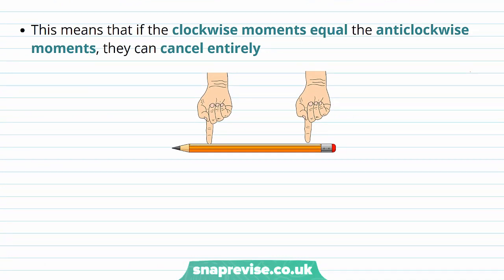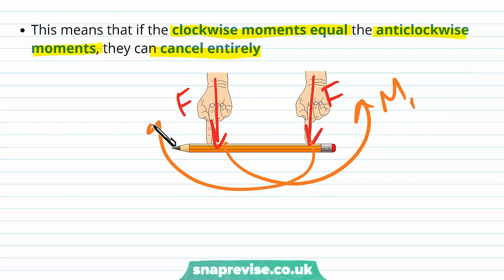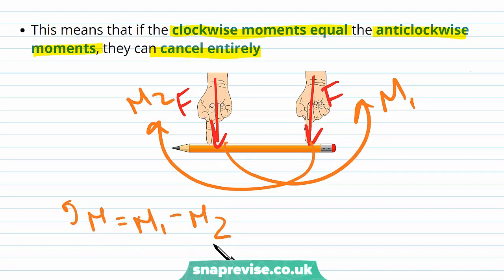So this means that in the case where the clockwise moments equal the anti-clockwise moments, they cancel entirely. So in the situation where we're applying the force from above and we get an anti-clockwise moment M1 and a clockwise moment M2, when we add together the anti-clockwise moments we get M1 minus M2.